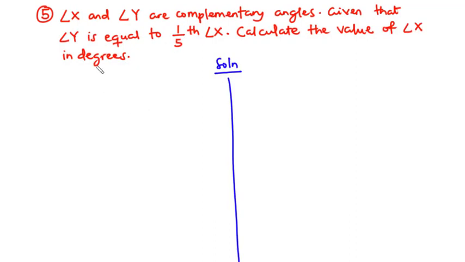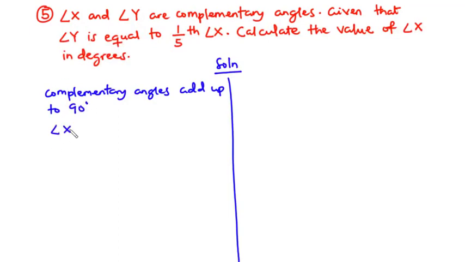Now we know that two angles are said to be complementary if they add up to 90 degrees. So we say that complementary angles add up to 90 degrees. Therefore, angle x plus angle y is equal to 90 degrees. Now let's call this equation 1.